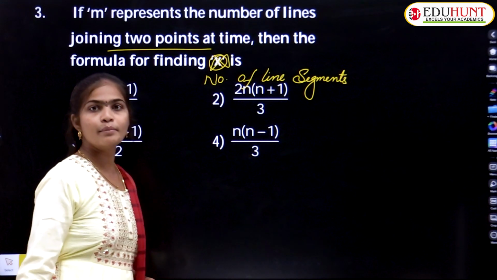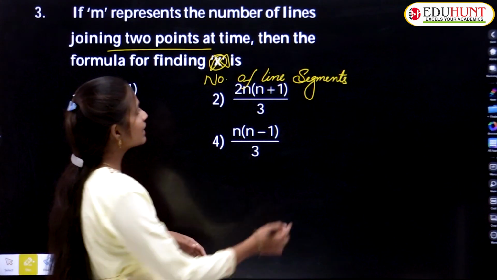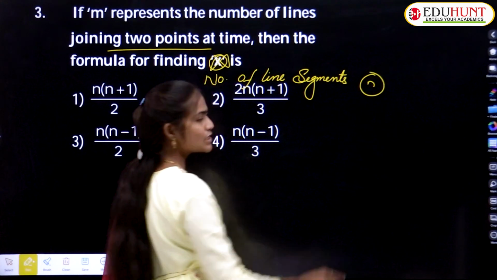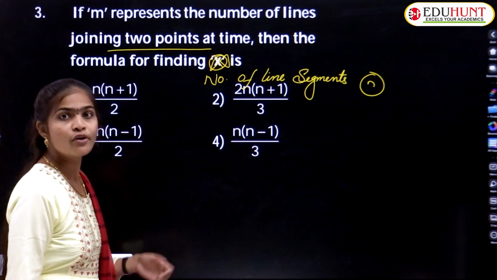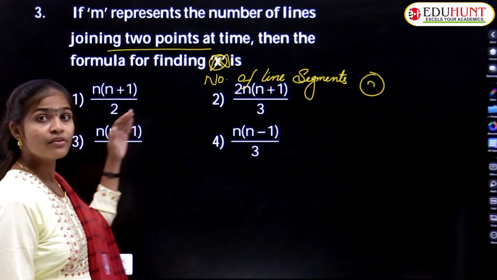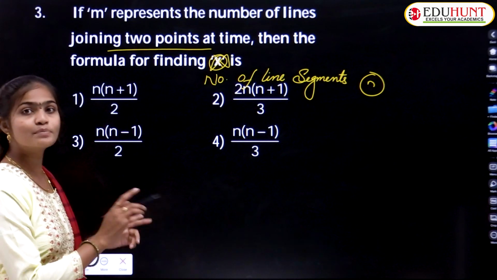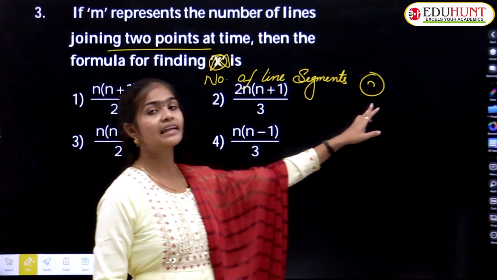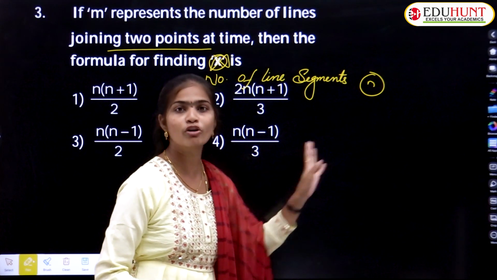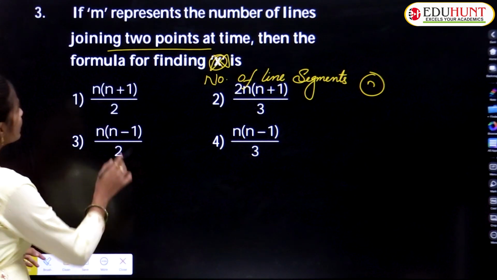Here we can take n as the number of points. Why? Because when you observe all the options, we have answers in terms of n. That's why I took n. That n means the number of points.